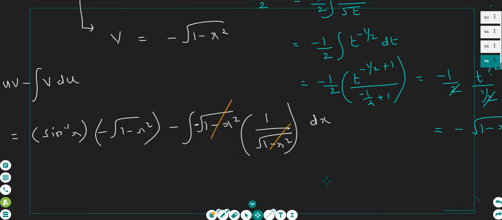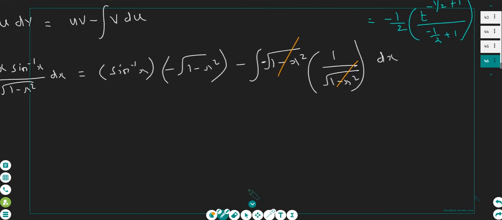Finally, let's simplify this. It remains as negative of root of 1 minus x squared times sine inverse of x, and then with the two minuses, it becomes a positive term.